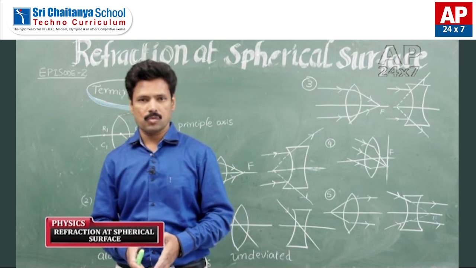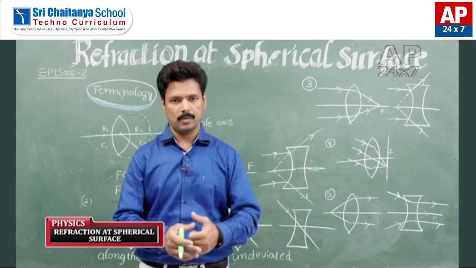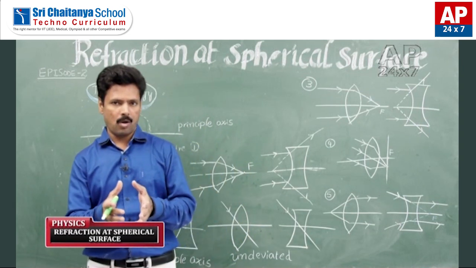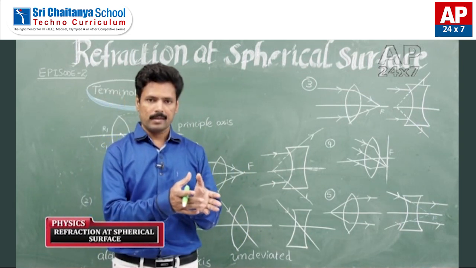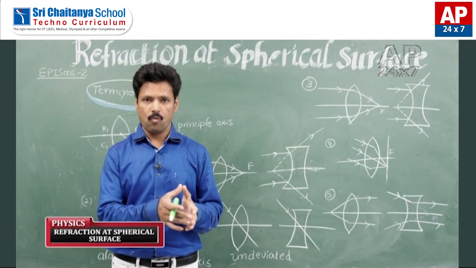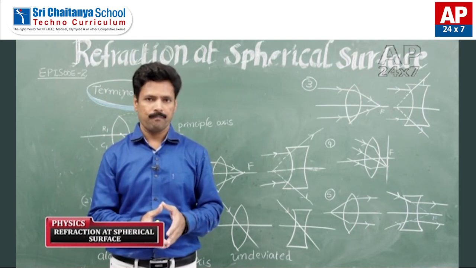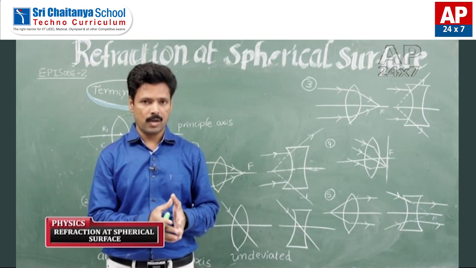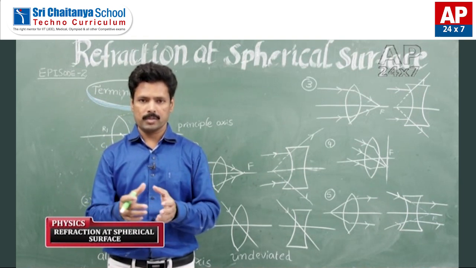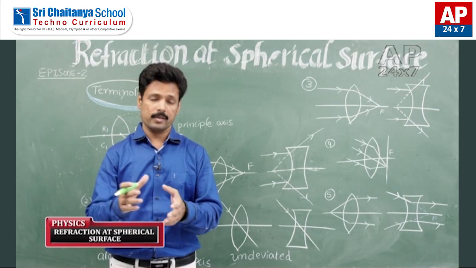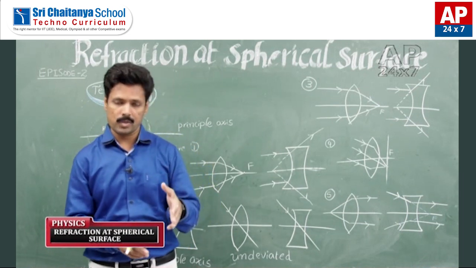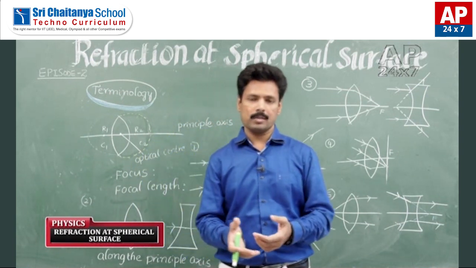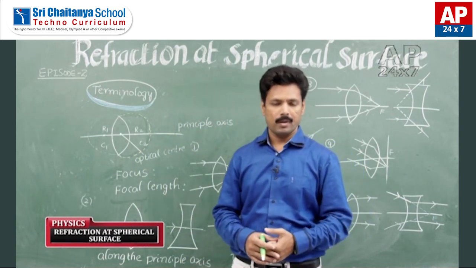Now let us recollect what we discussed in this episode. First we focused on what the nature of the image will be when the object is on the convex side of a spherical surface. There we discussed two cases: in one case, irrespective of the position of the object, the image is always virtual, and in the other case the image may be real or virtual depending on the location of the object, right?